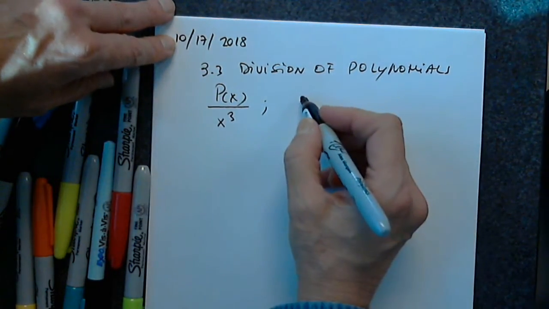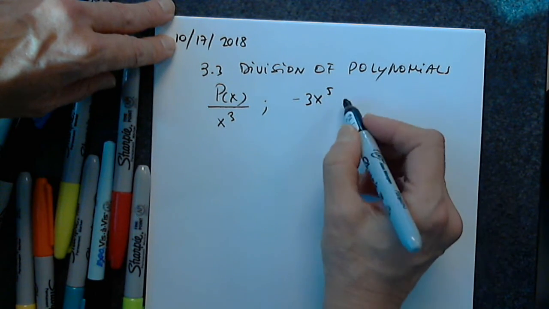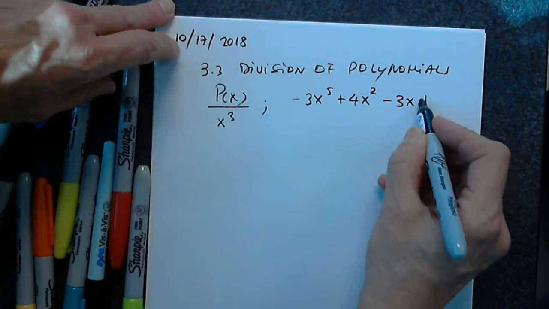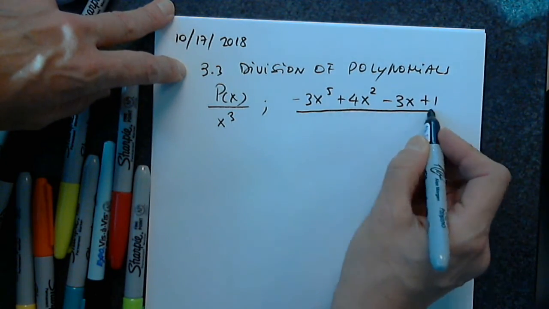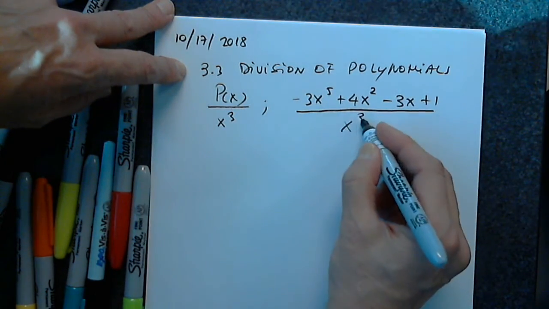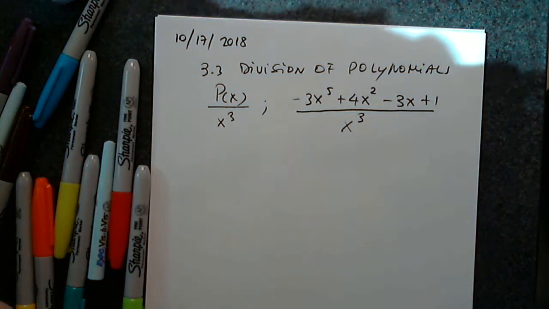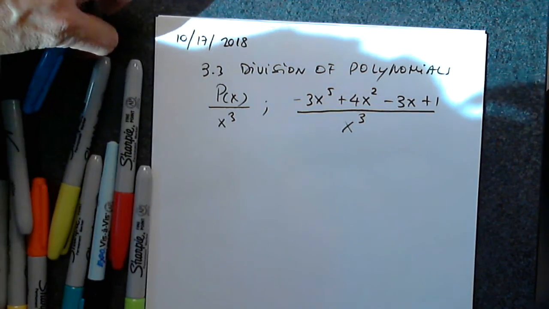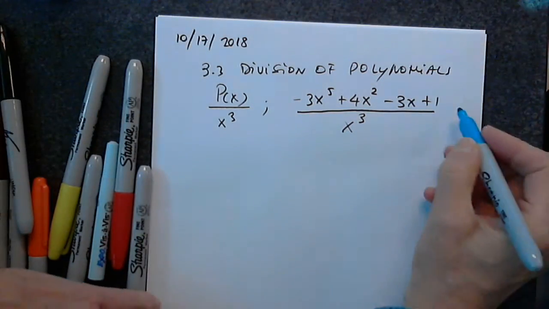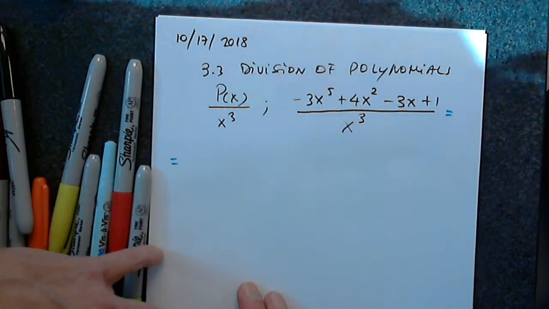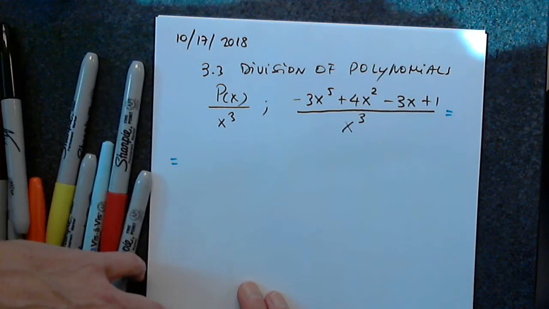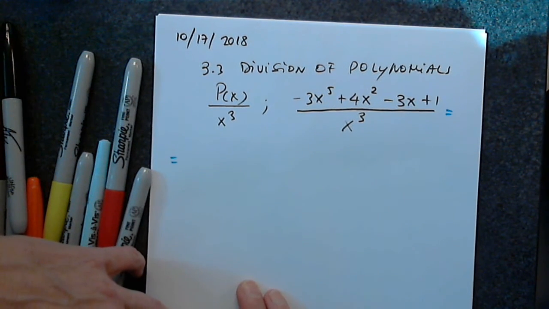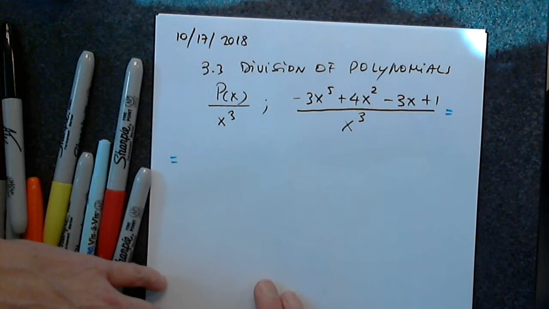So for example, I have negative 3x to the fifth plus 4x squared minus 3x plus 1. Now let's suppose I want to divide by x cubed. Because the denominator is just one term, the only thing I can do, and if you would say, oh, this is not a real division, I would have to agree. It's really not a real division, but it helps for something in this chapter.